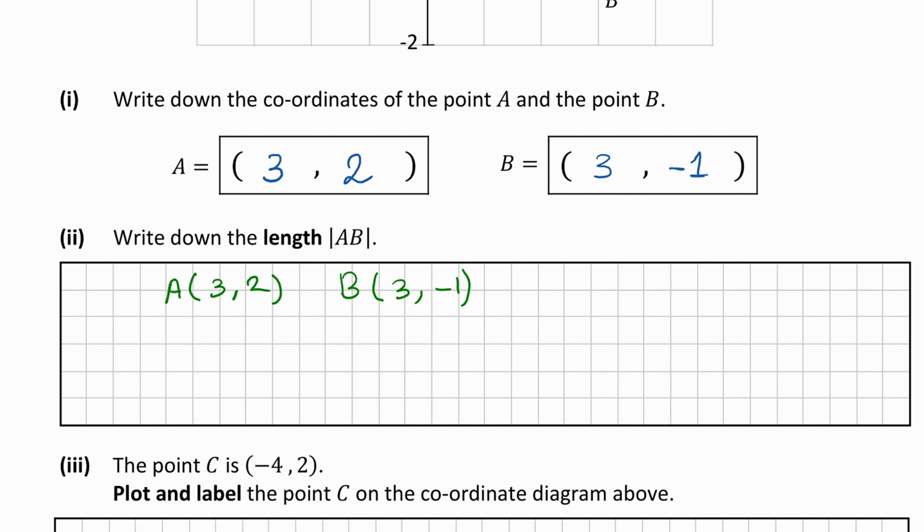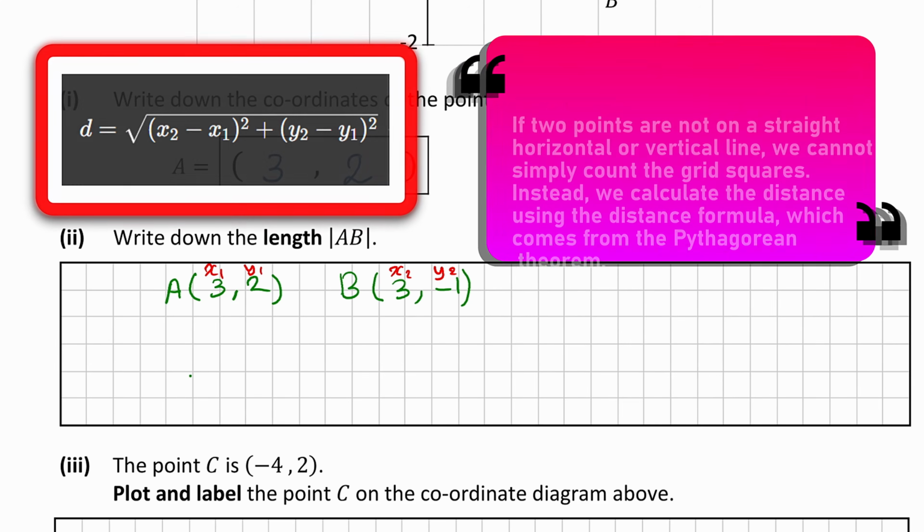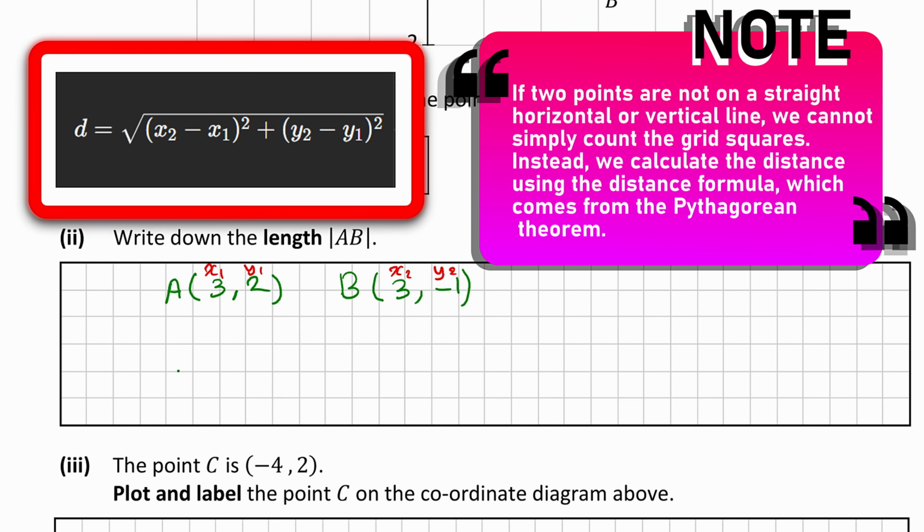Here we have x1 and y1, and here we have x2 and y2. The length of A and B uses a long square root, so here's the formula that we have to use.